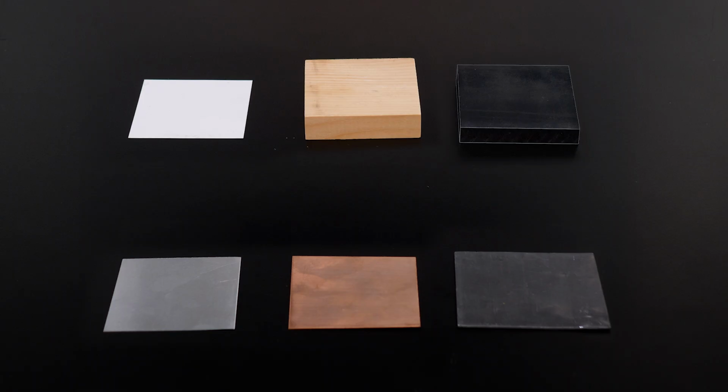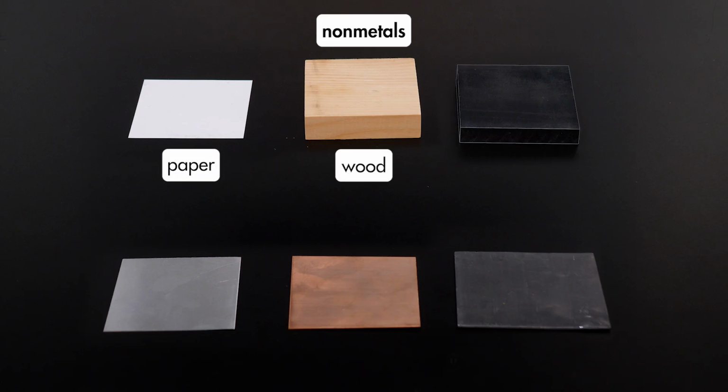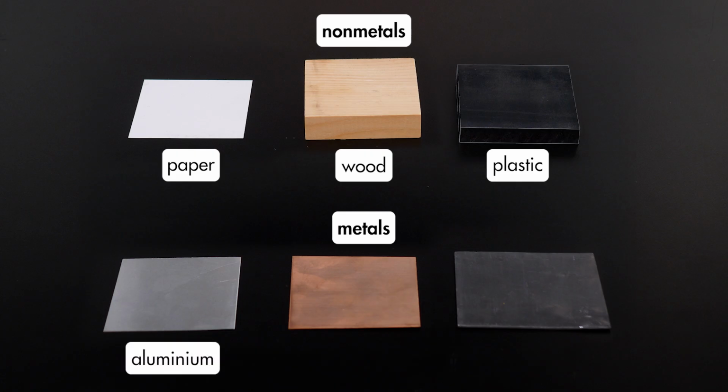We will be testing 6 radiation shields in order of increasing density. Our radiation shields include 3 nonmetals, paper, wood, and plastic, and 3 metals, aluminium, copper, and lead.